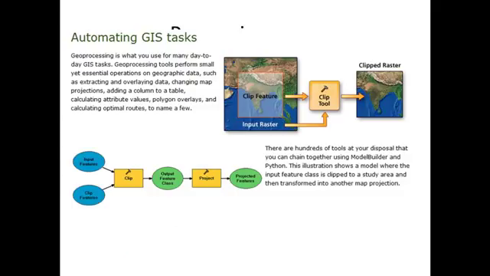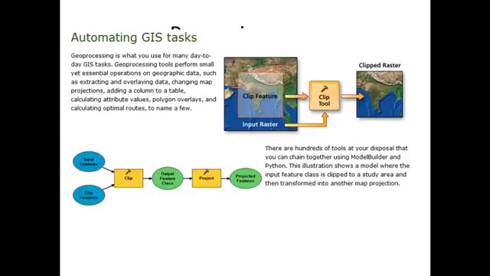So the other thing that we talked about briefly last time was figuring out how to automate your tasks in GIS. Because frequently when you're doing geoprocessing, you end up having a set of steps in an analysis that you're going to do over and over and over again. It's just really common that you figure out one process and then you have to repeat it.